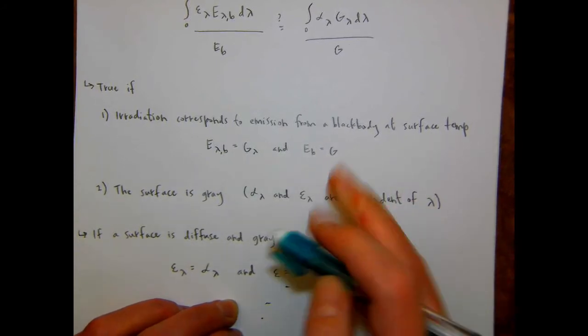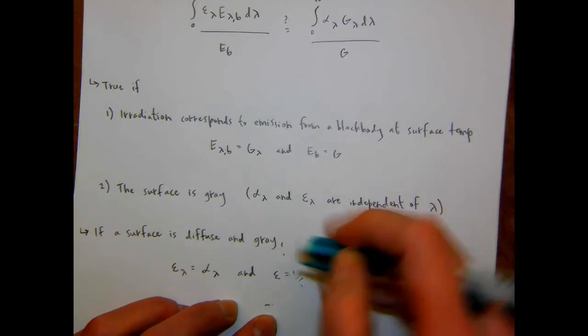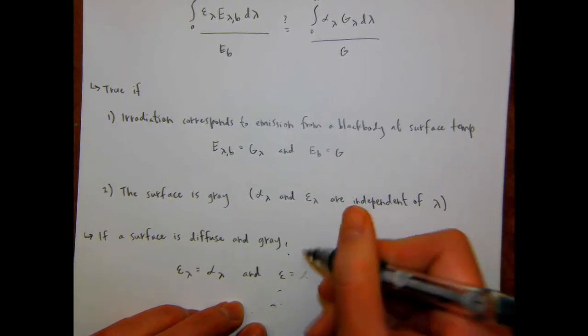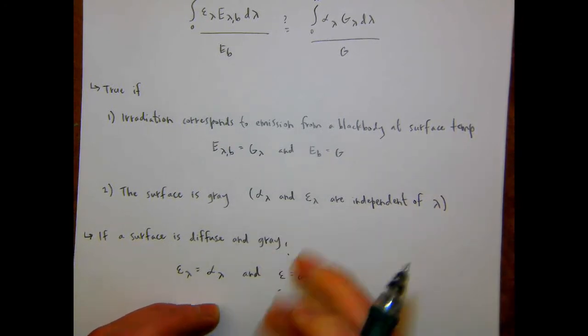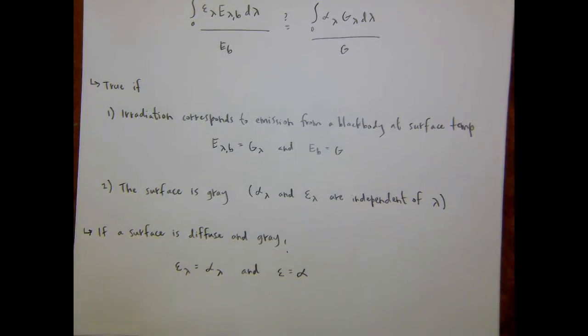And this is really useful because it's a much more commonly encountered engineering situation than blackbody radiation exchange. So a lot of surfaces you can at least approximate as being diffuse and gray.